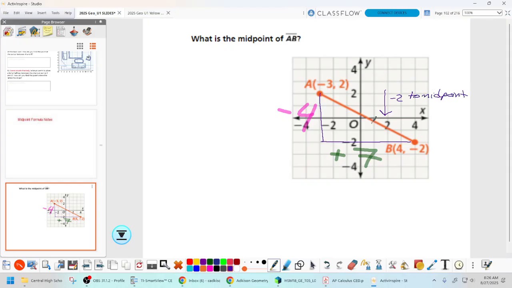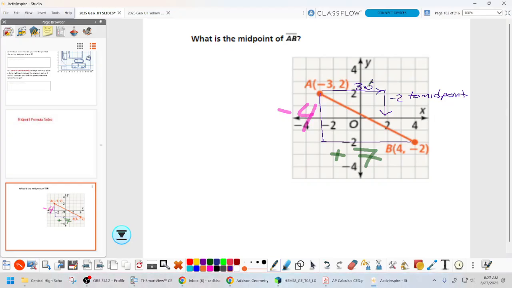So we know that our y coordinate will be on the x-axis. And then to the right, it's half of the distance, so half of 7 is what? 3.5, okay? So we're going from A, 3.5 to the right, 3.5 this way.